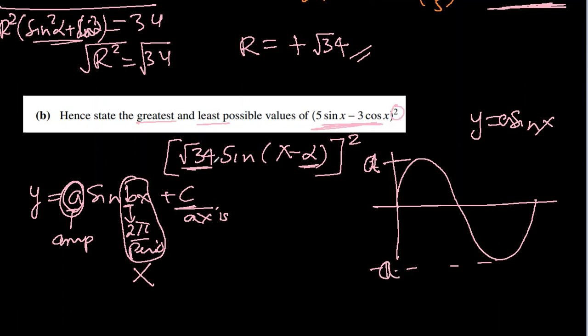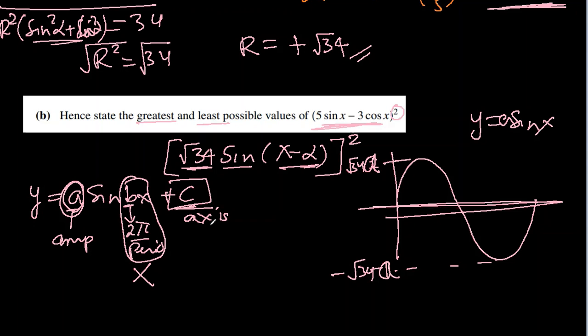And in this case, we have square root 34 as the greatest value and minus square root 34 as the least value, because there is no axis here, because our equation is square root 34 sine x minus alpha plus nothing. Plus nothing means the axis is the x-axis. So we don't have to worry about the axis.